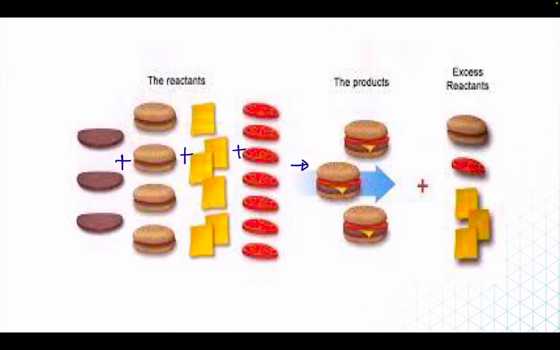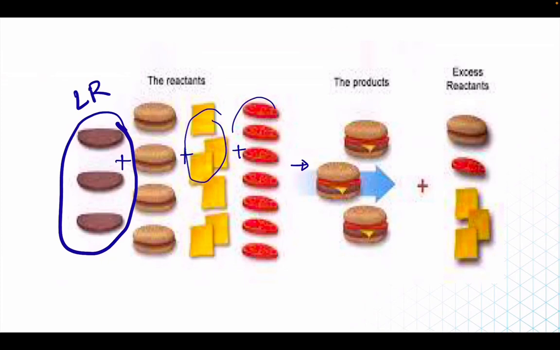You can see that the limiting reactant here is the patties, because we're going to run out of them, and that makes the reaction stop. We have to stop making burgers because we can only make 3 and then we're done. So we used up 3 of the buns, 3 of the cheeses, and 3 of the tomatoes.